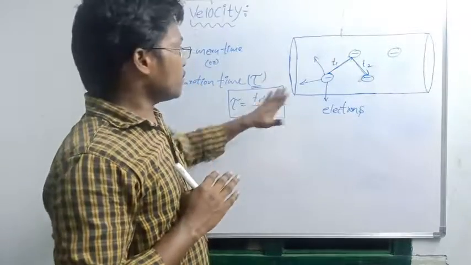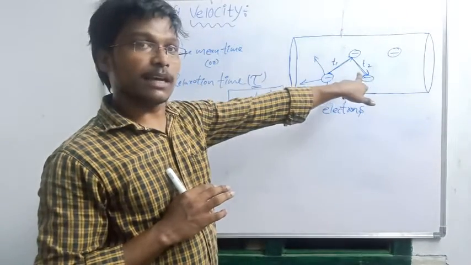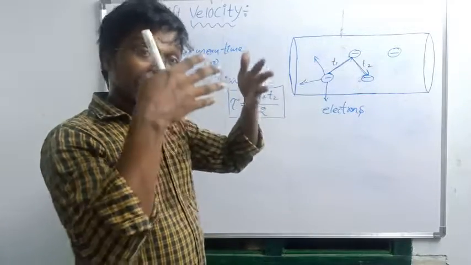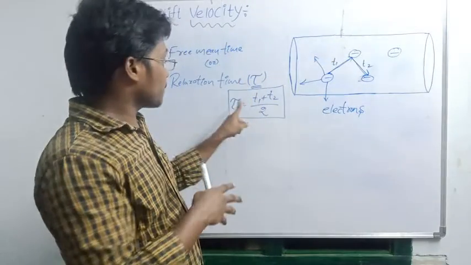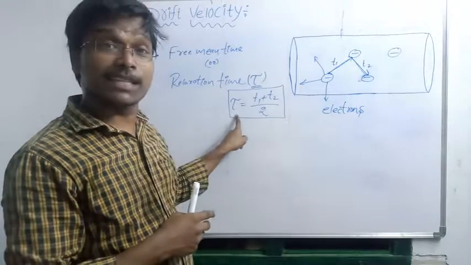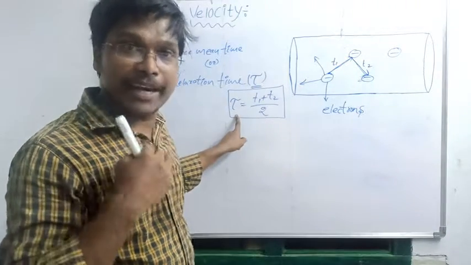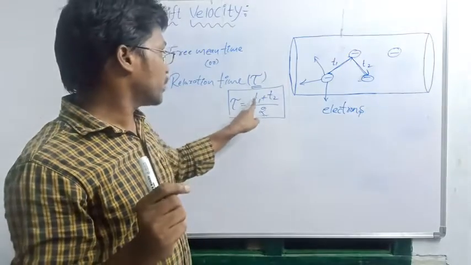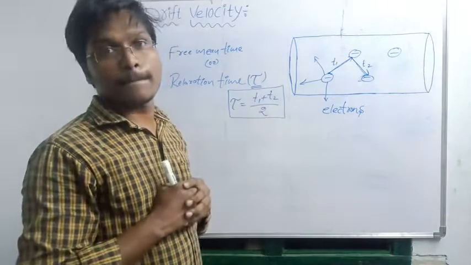Remember, this electron makes collisions, taking some time t1 here and some time t2 here. So the average time of the two collisions is called relaxation time, which we indicate as tau, equal to (t1 plus t2) by 2.